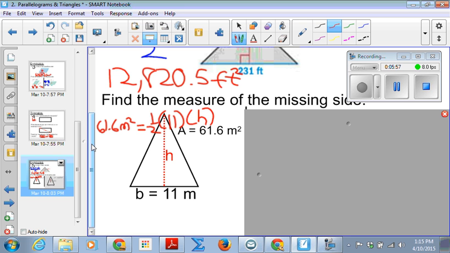So you can go about solving this a couple different ways. And with the calculator, there's really no issue with decimals. So I'm going to just simplify the right side. So 61 and 6/10 meters squared is equal to 5.5 times h. And just divide both sides by 5.5. So 61 and 6/10 divided by 5.5 gives you a height of 11 and 2/10 meters.